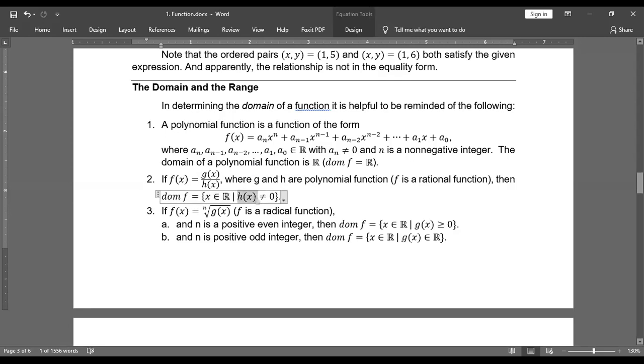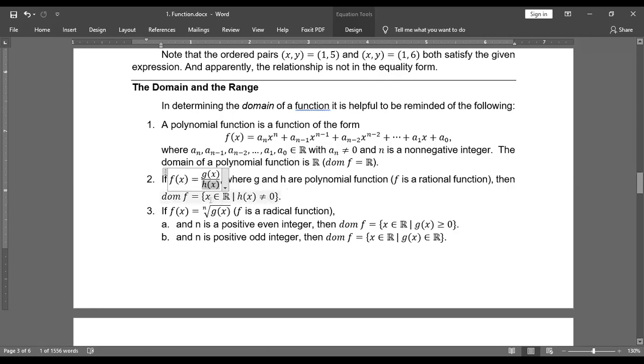So we have this restriction for rational function. Why? Because if our denominator, which is h of x, is equivalent to 0, magiging undefined. So the value of our function becomes undefined. So yun yung iniiwasan natin. So our denominator should not be equal to 0.